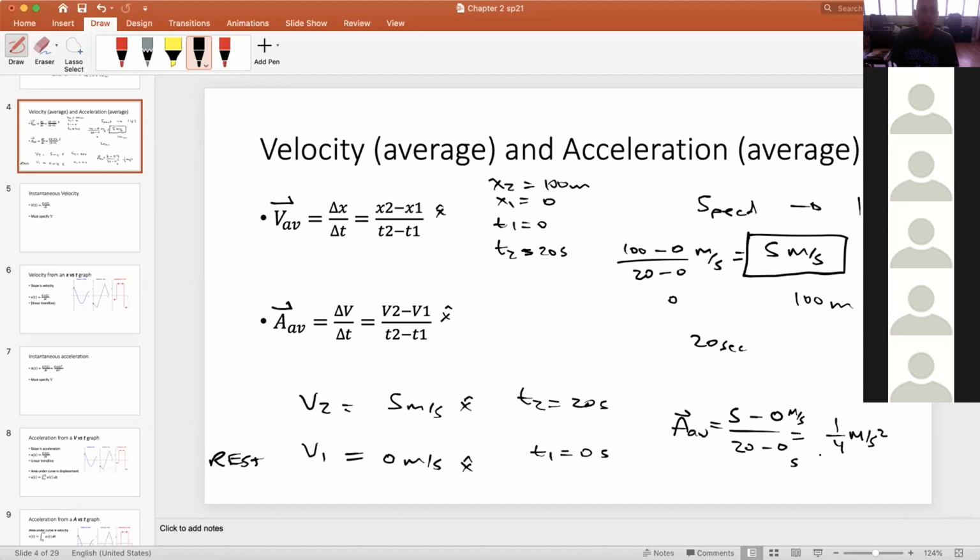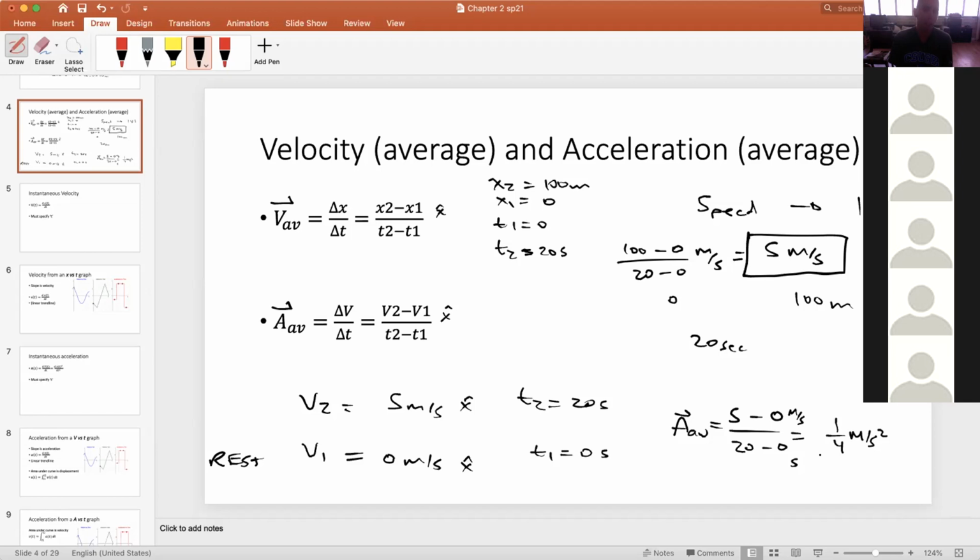Velocity and acceleration are very different quantities. If we started from rest and reached 5 meters per second in 20 seconds, for the average acceleration, we divide our velocity, 5 meters per second, by the time. So how long did it take us to accelerate to get there?